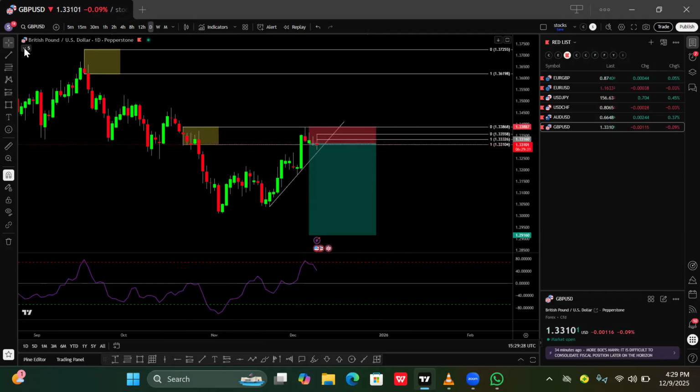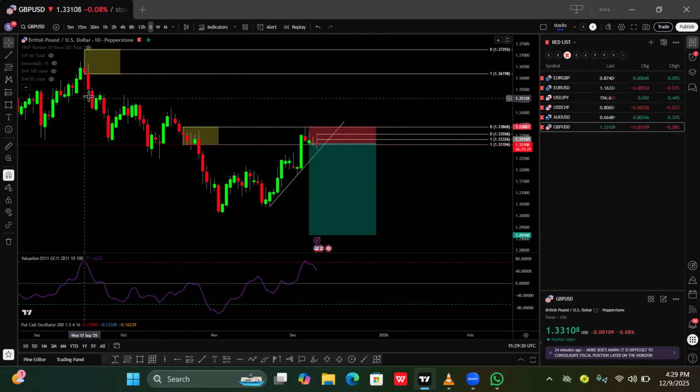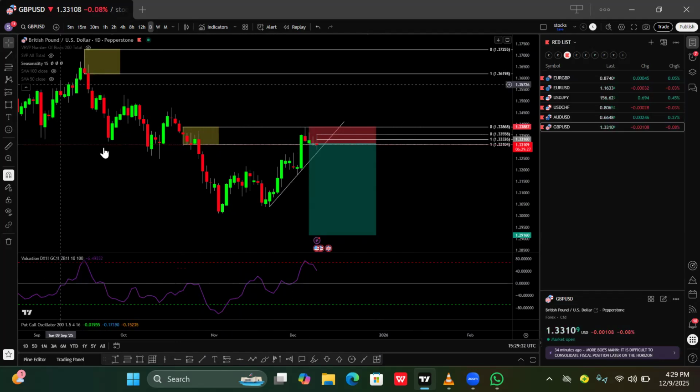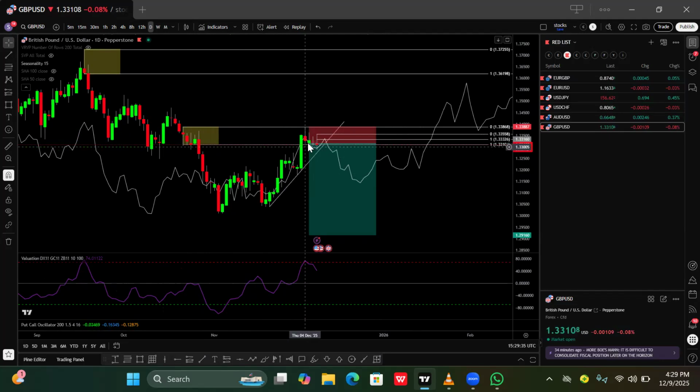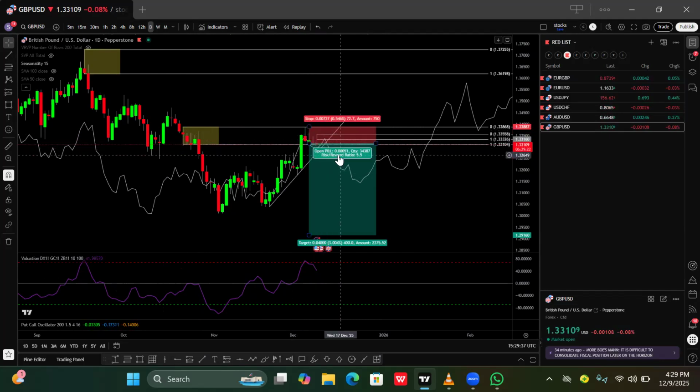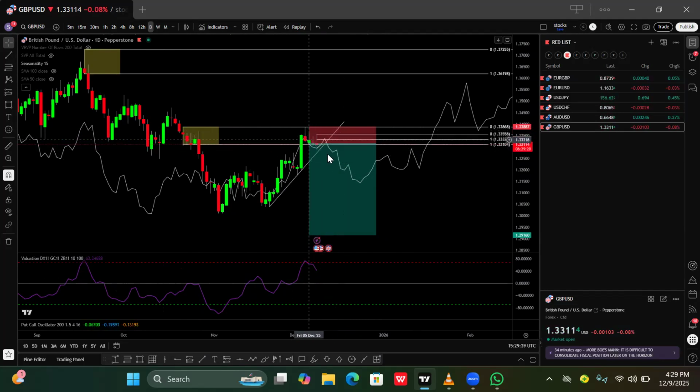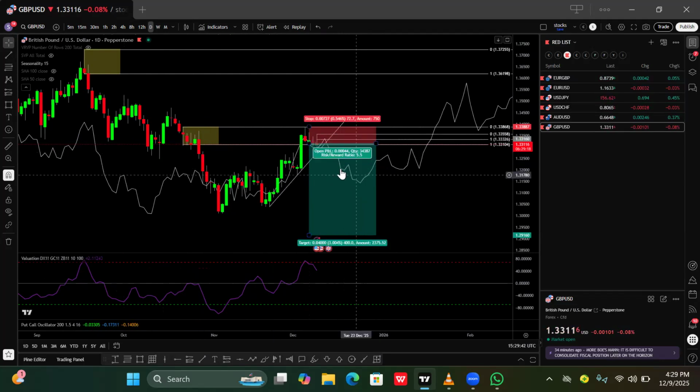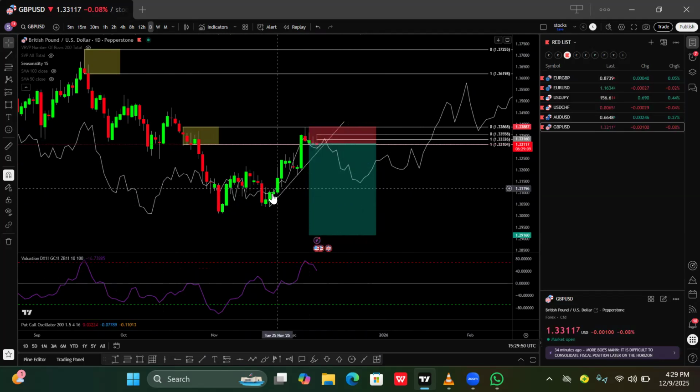And let's also look at seasonality. 15 years seasonality is telling us it's likely to drop a bit from now and then bottom out on the 24th of December. So we still have a trade. It's almost 14 days to go. 14 of 18 daily candles would be nice, especially when they're explosive.